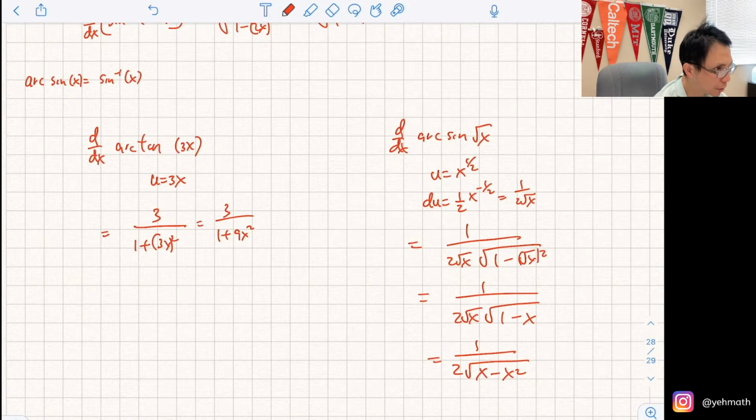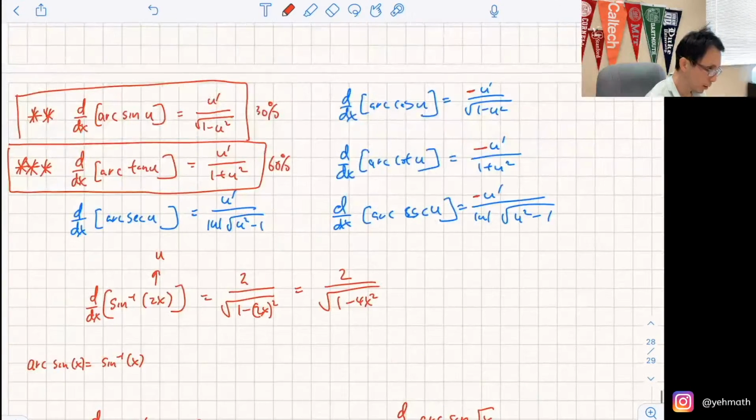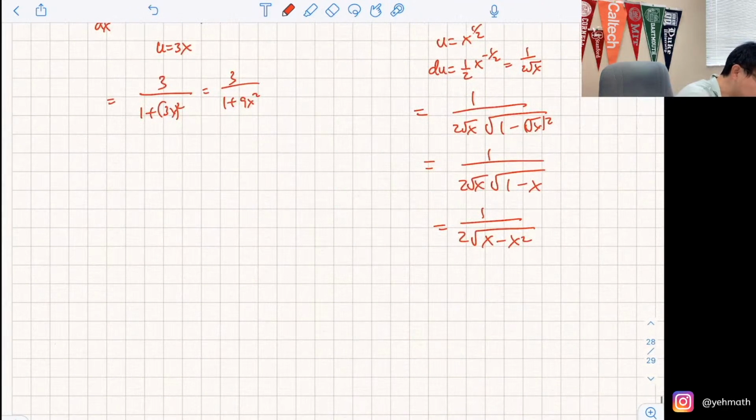Next thing I'm going to show you is the integral of this. So how many equations do you have to know? 4. Total 4. You already learned 2. You're going to learn the other 2. But there's actually 3 here, but you only need to know 2. So which 2? Well, I'm going to write down all 3 though.